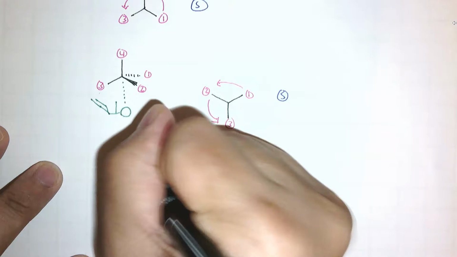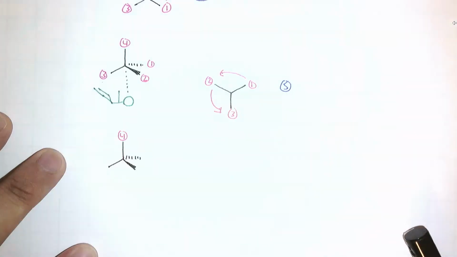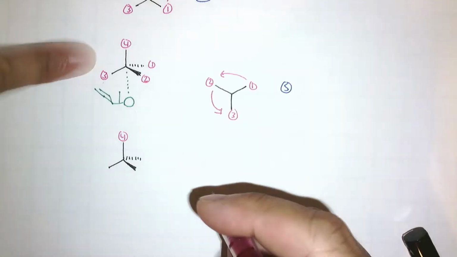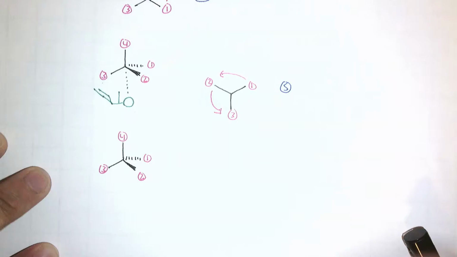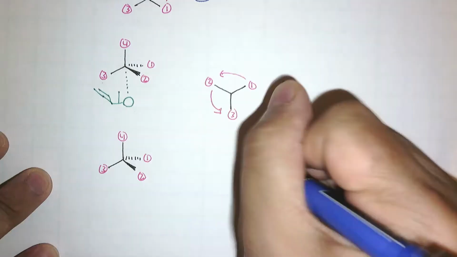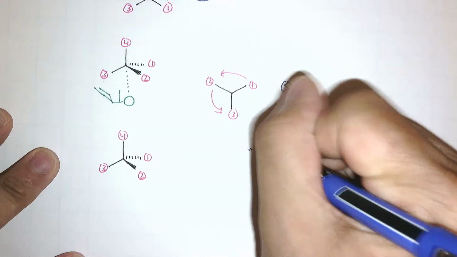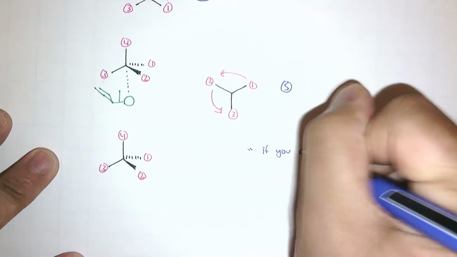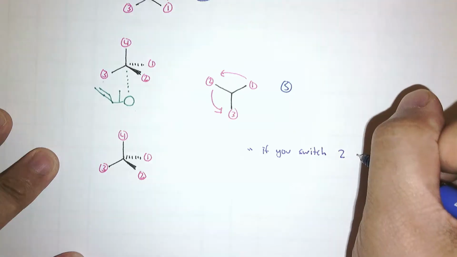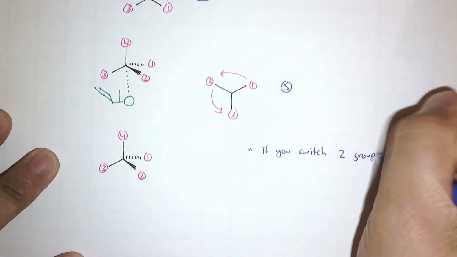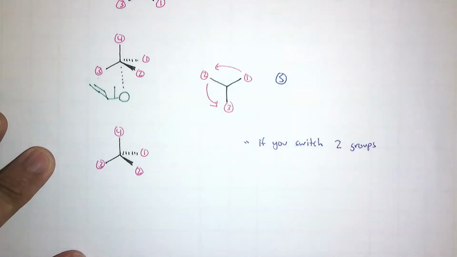So we're going to assign, again, priority number 4 on top, the same molecule as this one over here. 1, 2, 3. The other way is to realize that if you switch two groups, you just made the opposite stereochemistry.